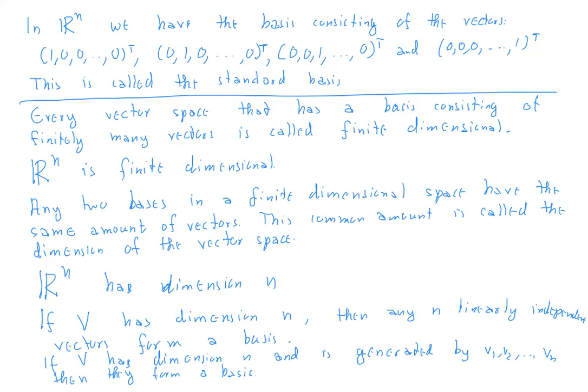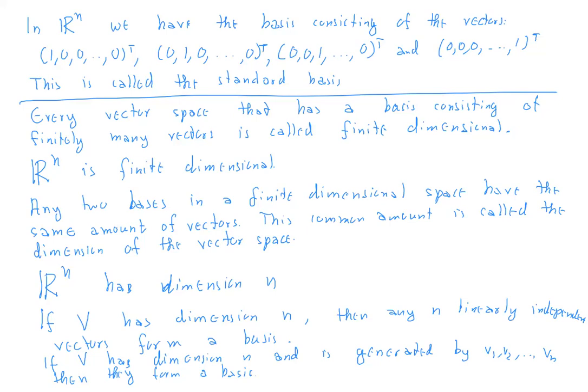That the vectors are linearly independent and that every vector is a linear combination of those vectors. But if you know the dimension of your space and you have the right amount of vectors, so for example, you are in R4 and you have 4 vectors, to know that those 4 vectors form a basis, you need to check only one property, either that they're linearly independent or that they generate the space. Okay, so our life will be very easy when we work with Rn.